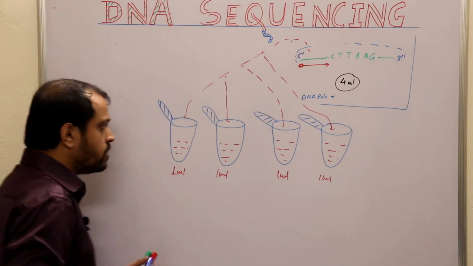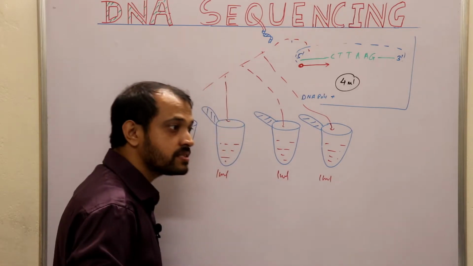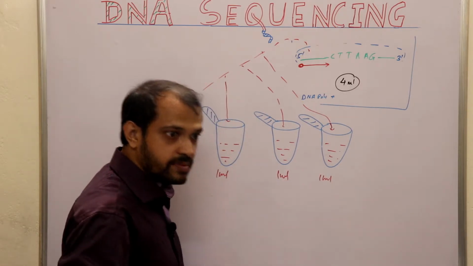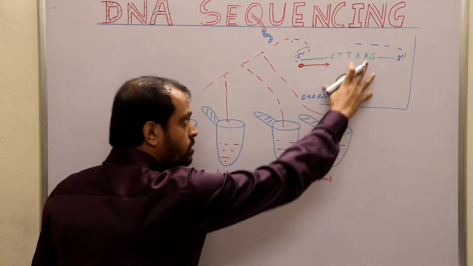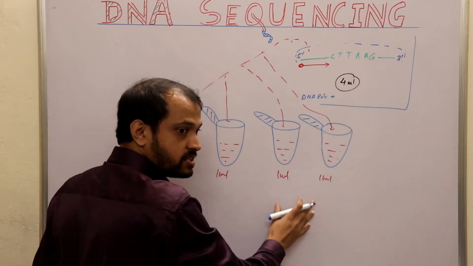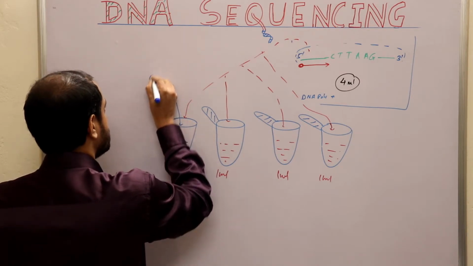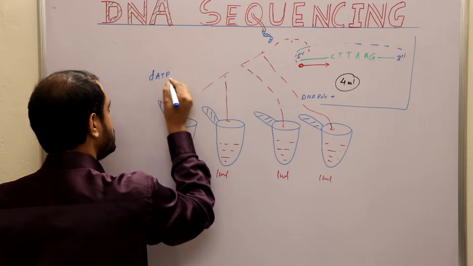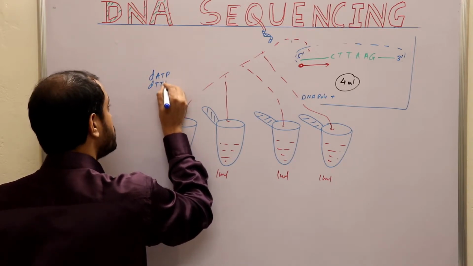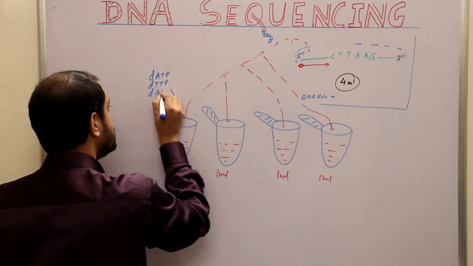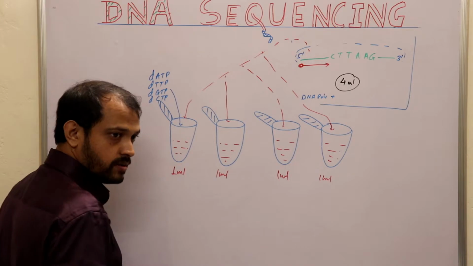Now listen, where is actually the dNTP? After we have divided this whole solution into equal parts, then we will start adding dATP, dTTP, dGTP, dCTP. Okay.